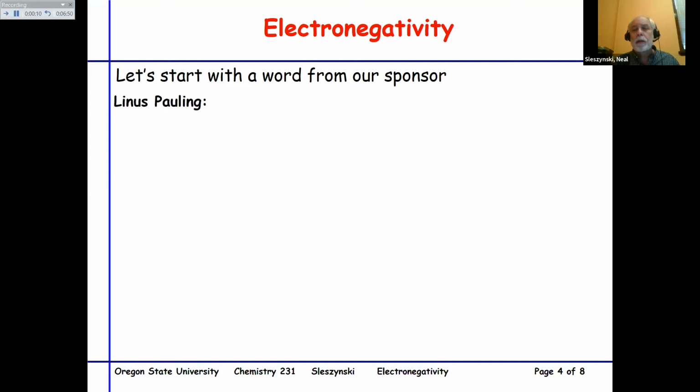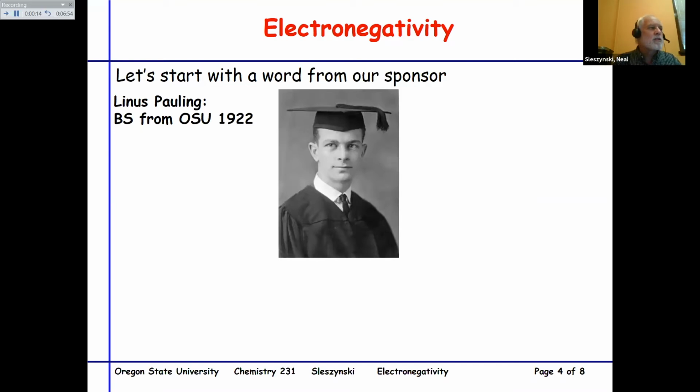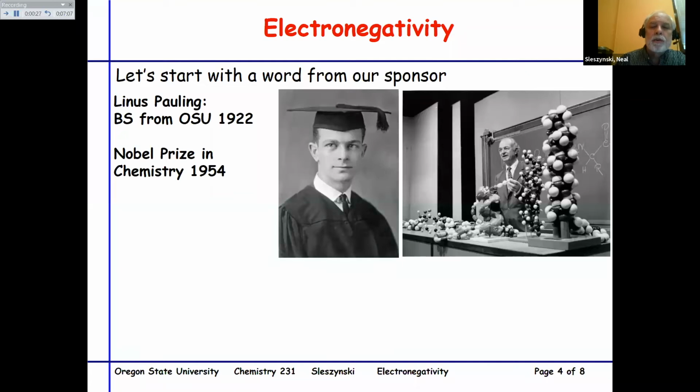who is Linus Pauling. Linus Pauling received his bachelor's from OSU in 1922, and his first major theoretical and experimental discovery surrounded electronegativity. Linus Pauling received the Nobel Prize in Chemistry in 1954 for the development of the concept of electronegativity and how it explains electron distribution inside of chemical bonds.